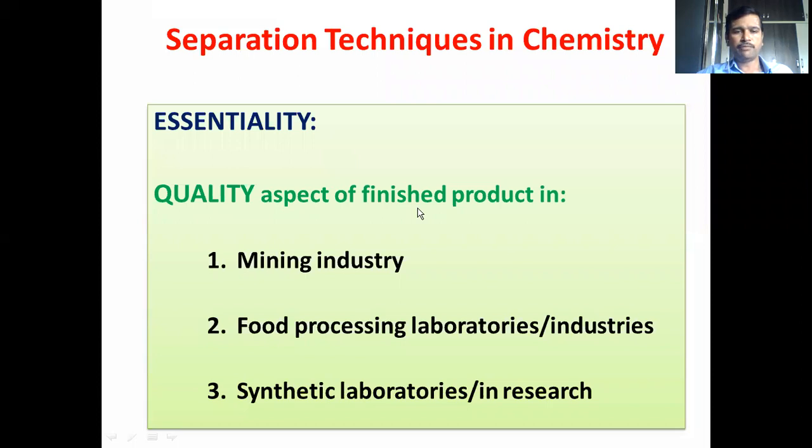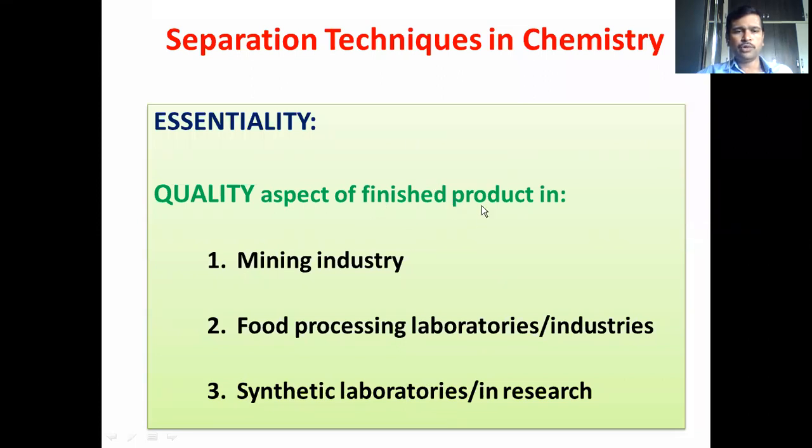So if we end up with any product, we will be interested to get only one chemical component which must be present in the product. If the product is a mixture of enantiomers, then it will be very essential to separate those two enantiomers. And if the product is having more than two components, then we will lose the interest to use that particular product from the synthetic scheme which has been used for the production of that particular compound.